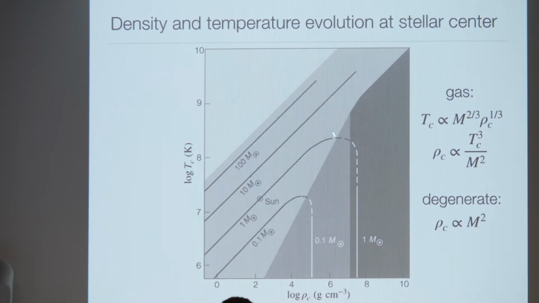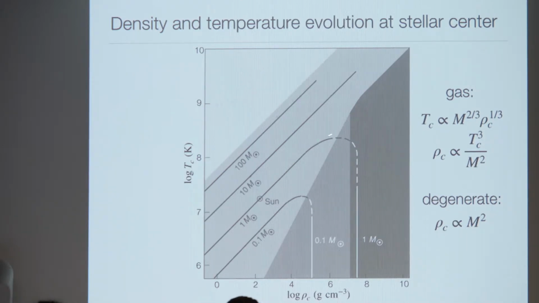So eventually, until some pressure, until some mass, this lower mass star must hit this region, because the star must follow this equation. So a 1 solar mass star cannot go this way or that way.